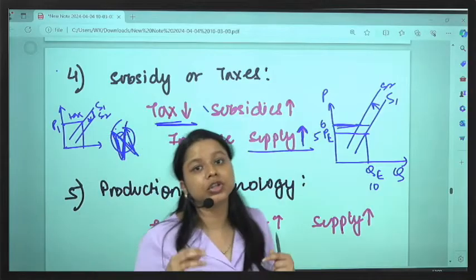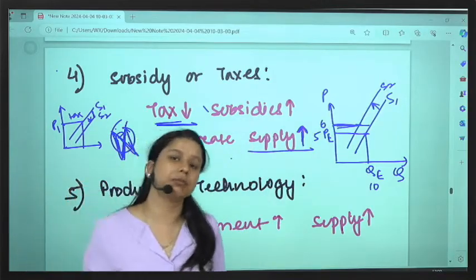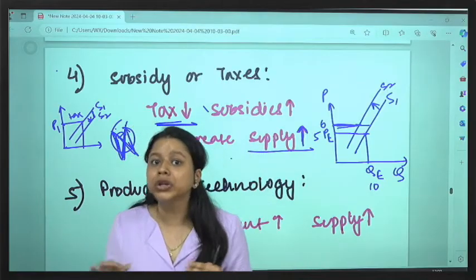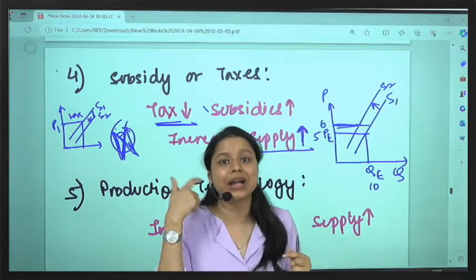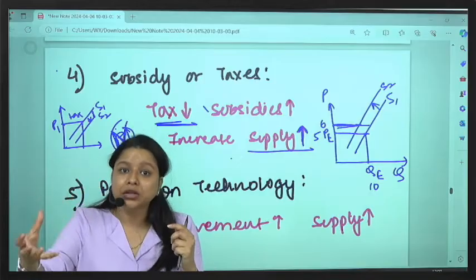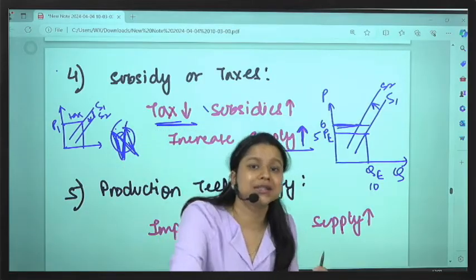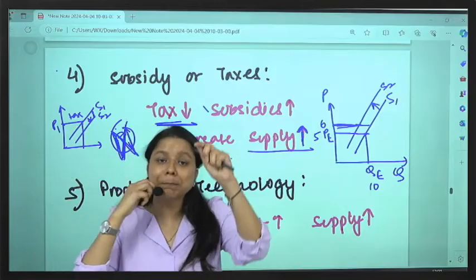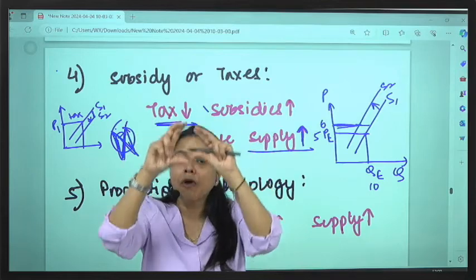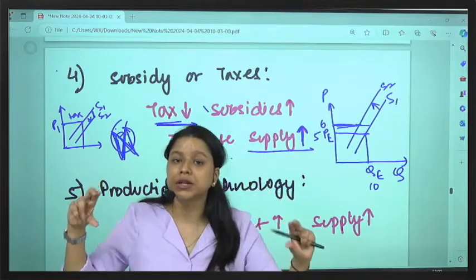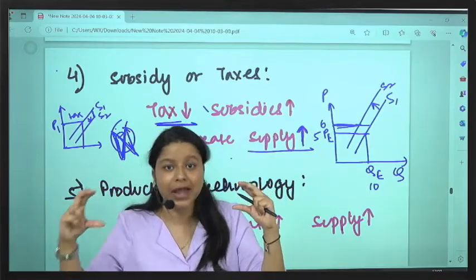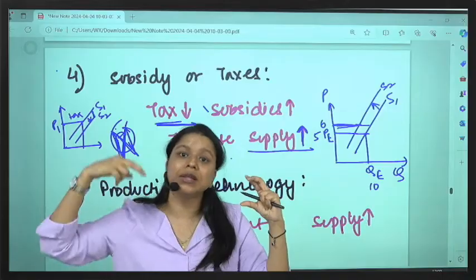For example, if the government is imposing a tax of, let's say suppose 1 rupee on each quantity of rice, that does not mean that the price will exactly increase by 1 rupee, because there is an impact which is falling on both the consumer and the producer. So the burden of the 1 rupee increase in the tax falls on both the producer and the consumer. So obviously the consumer is not bearing it entirely, and they will not entirely pay an extra 1 rupee.